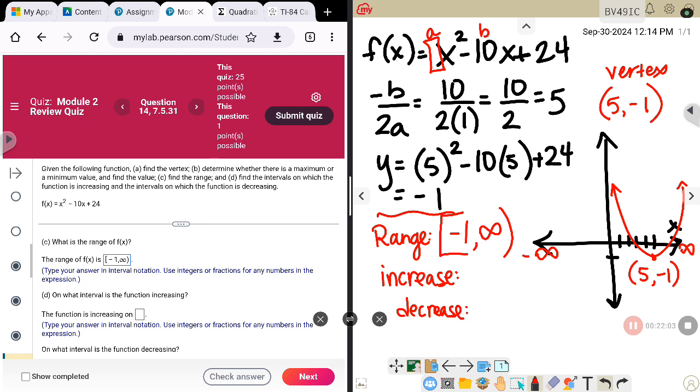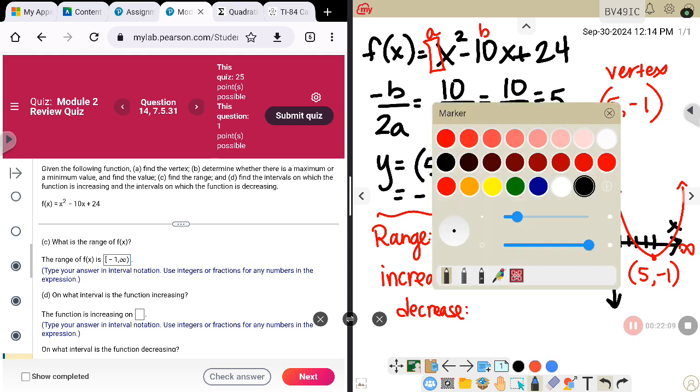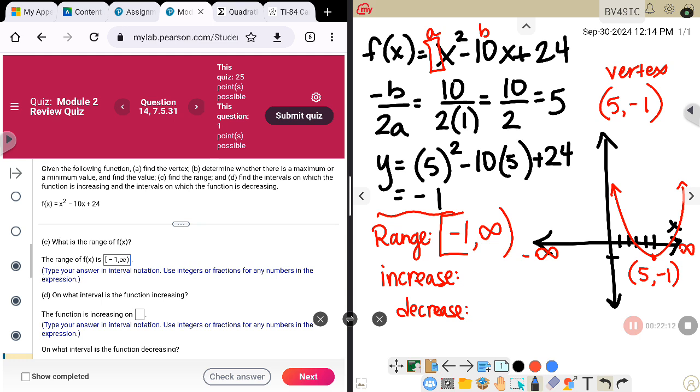When I'm coming in from the left, here's where I'm going to run into the graph first, this left side. Those are the numbers that are going down. So that's my decrease side until I reach the vertex. And then on the other side, it's going to increase.